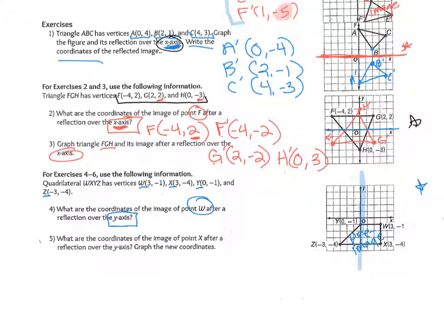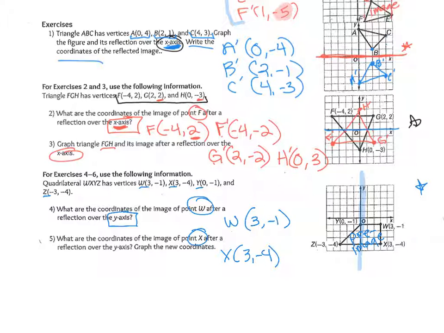So the coordinates of the image of point X after a reflection. So X was (3, -4), and since we're reflecting over the y, oh, sorry, I skipped ahead. W, let's do W first. The original point for W was (3, -1).